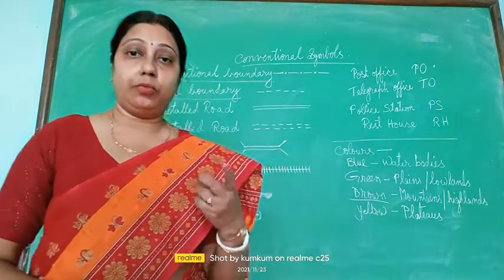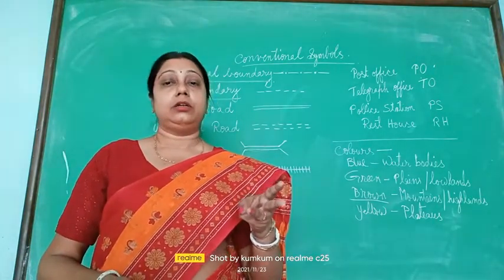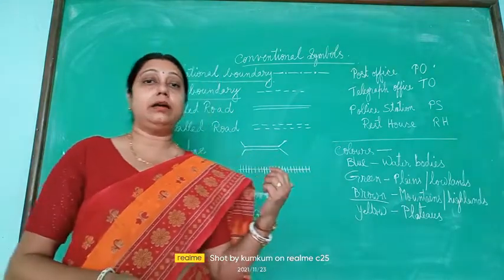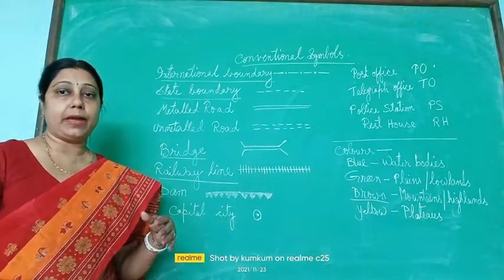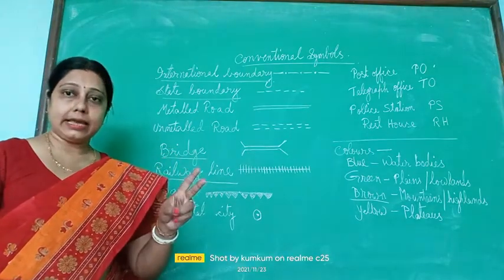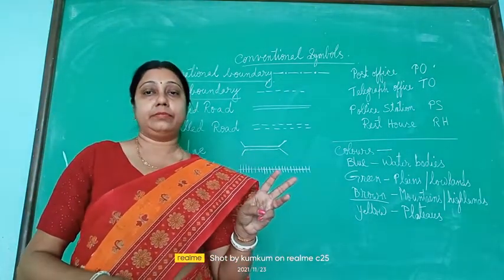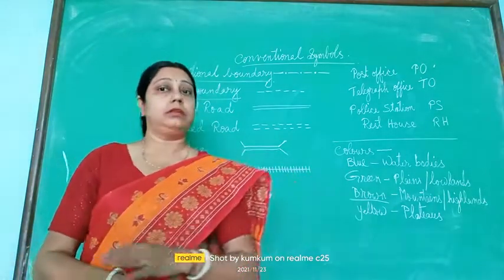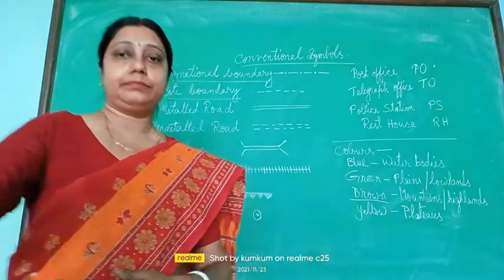And what is a globe, what is a map, what is a sketch, I have already discussed. So these and the symbols you have seen are all the languages of maps: directions, scale, symbols, colors, by which you can study a map. Thank you, children.